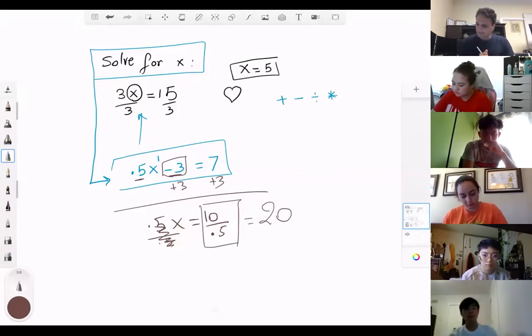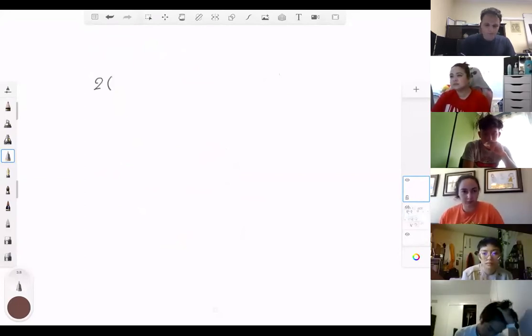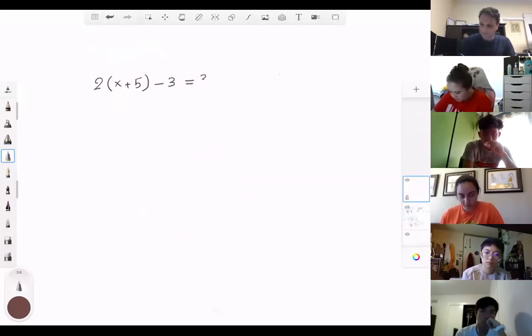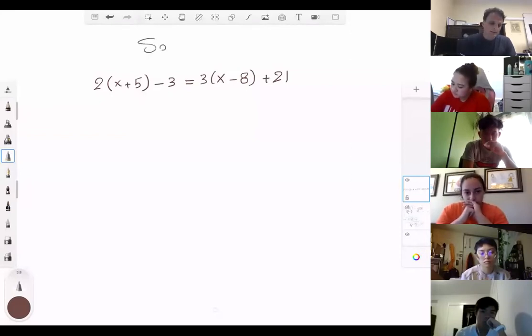Let's make it a little more spicy for Wednesday morning. 2 times the quantity x plus 5, minus 3, equals 3x minus 8 plus 21. We have to solve for x.